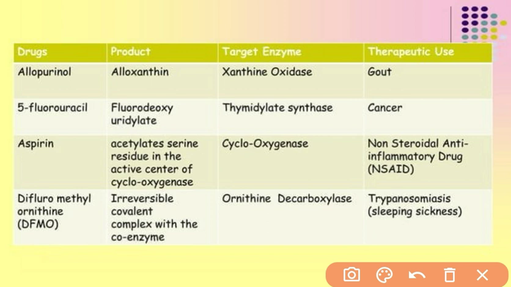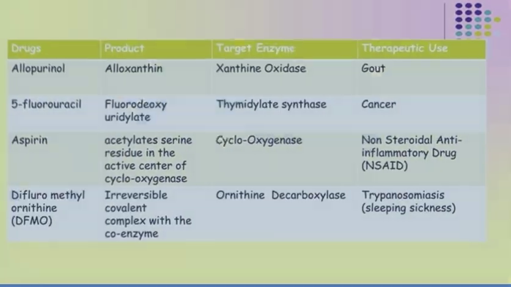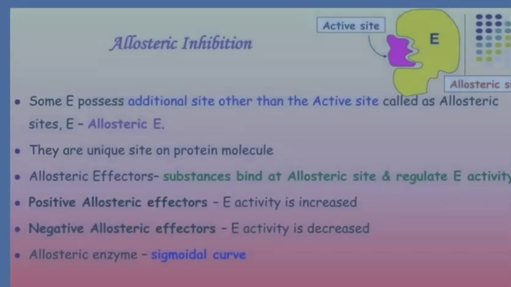It is a medication used to treat African trypanosomiasis and excess hair growth on the face of humans. Specifically, it is used for the second stage of sleeping sickness caused by trypanosoma, and this drug DFMO inhibits the activity of the enzyme ornithine decarboxylase. So these are some examples of suicide inhibiting drugs.